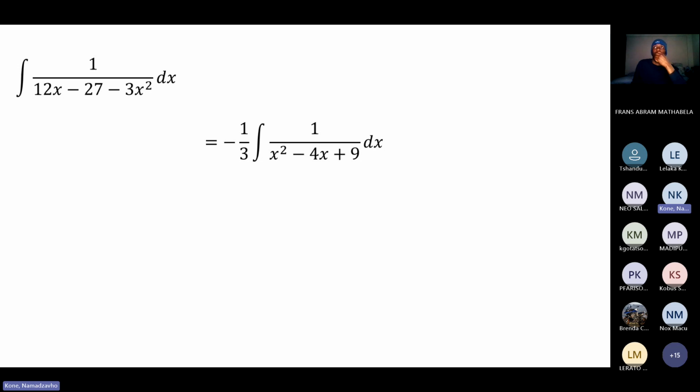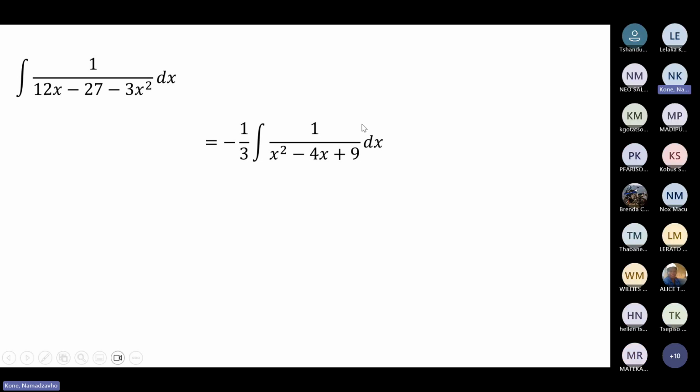Then because the minus 3 that you take out is at the bottom, it goes out as minus 1 over 3. That's how we get to this stage. This is the key to solve this problem. From here, I think everybody can go and do the rest of the things. I'm not going to waste your time, but I'm showing you.